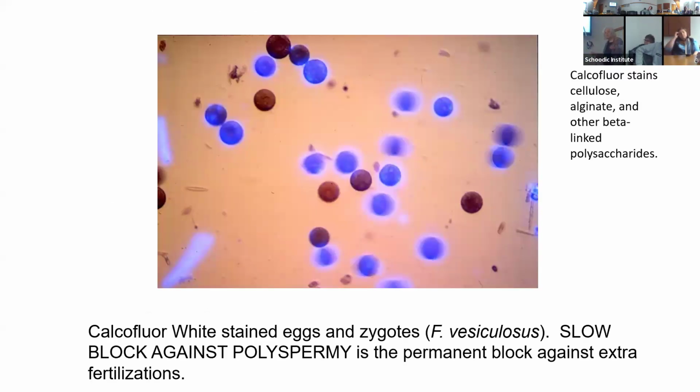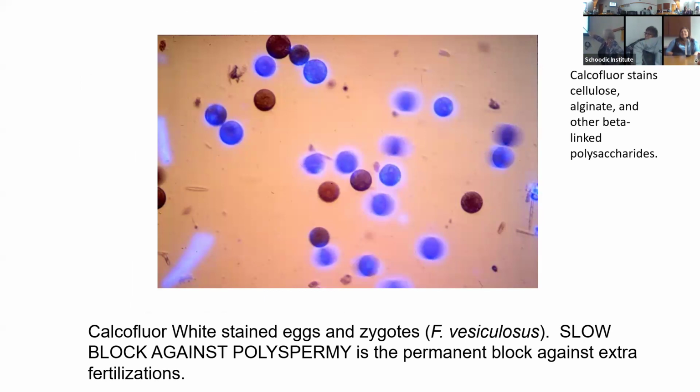And then cells aren't meant to be at that kind of membrane potential. So another mechanism evolved to be a permanent polyspermy block, and that is cell wall formation. I think all of you know that brown algae have a lot of alginate, this polysaccharide, and you put it in ice cream, paints, and other things, right?